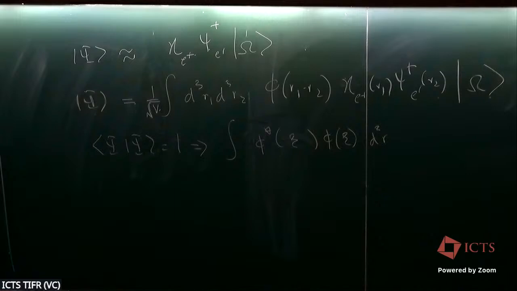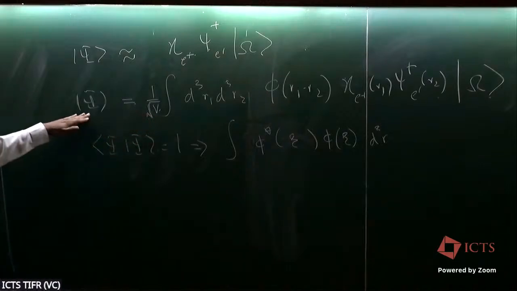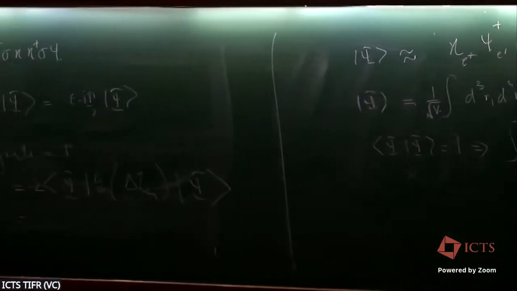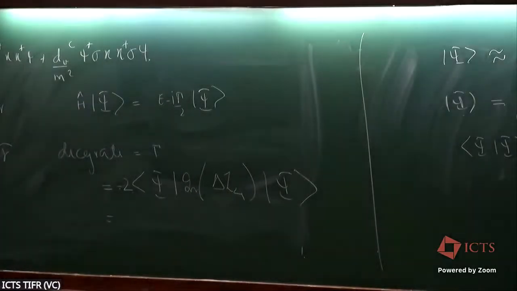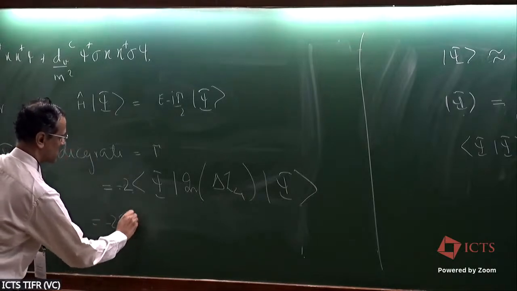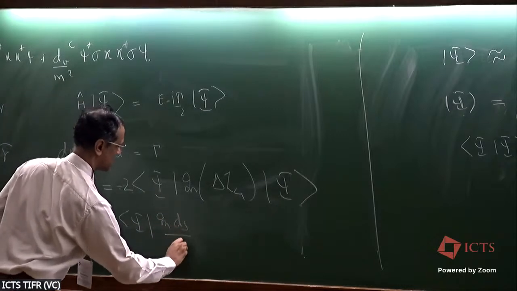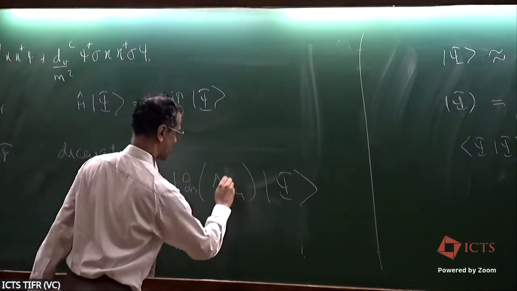Okay. So given that, if I want to now calculate the decay rate of this, it's simply given by the imaginary part of the matrix element of the Hamiltonian with the state on both sides. Maybe I will be a bit more clear.